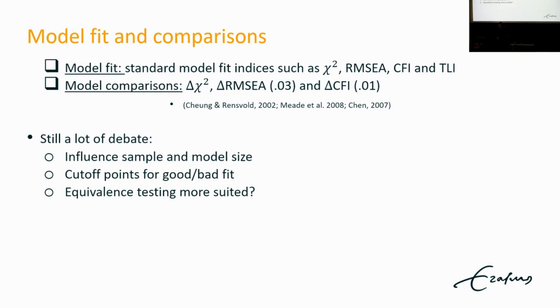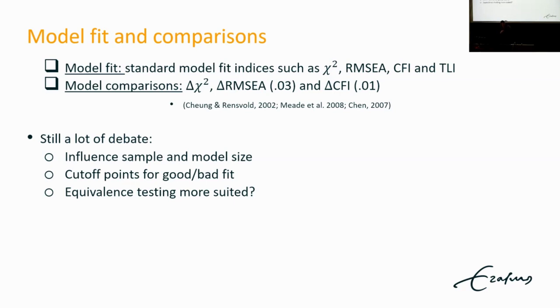So typically you look at things like the chi-square test, which we know is influenced by sample size and also model complexity, by the way. The root mean square error of approximation, the CFI and the TLI, two other fit indices, are typically chosen, but there are others out there, and there are also variations on these, like the robust CFI. We will see it in the output later on. And it's really difficult to say which ones are the best, but these are typically being used.